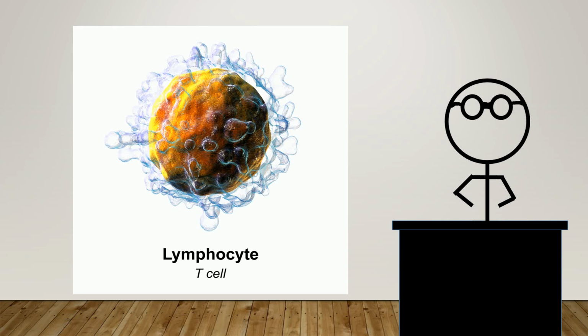Class 2 MHC molecules are used for extracellular pathogens, and these are primarily used by the antigen-presenting cells to take in a portion of the pathogen's antigens, process them, attach them to an MHC class 2 molecule, and then put it out onto the cell surface for recognition by T cells.